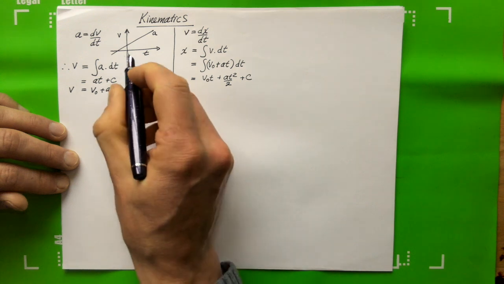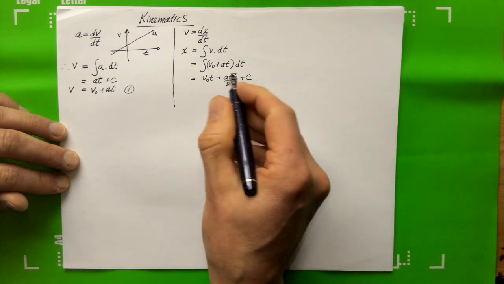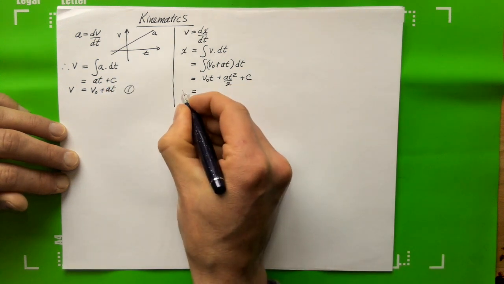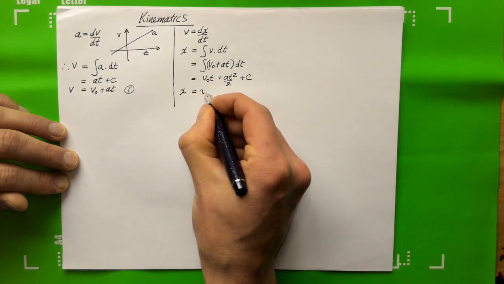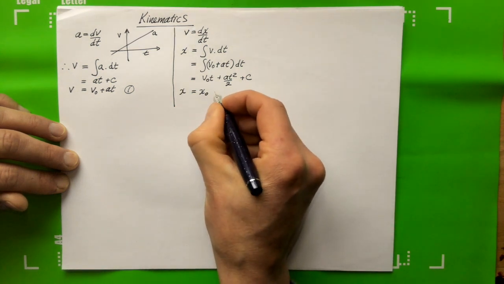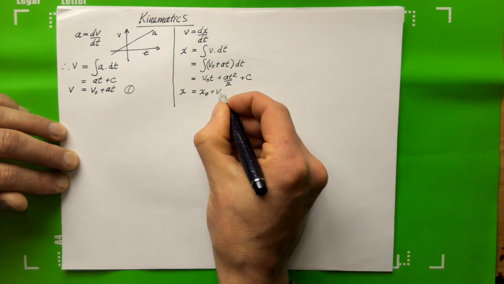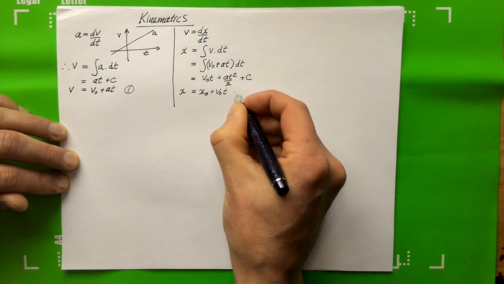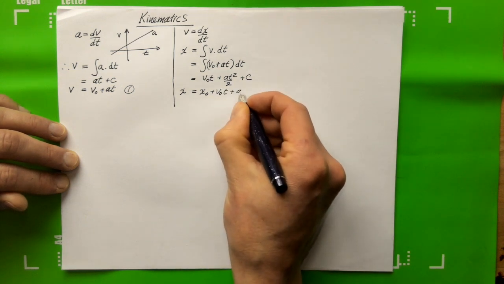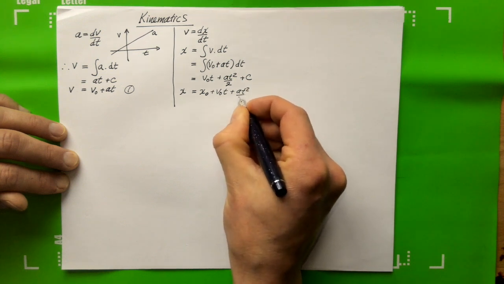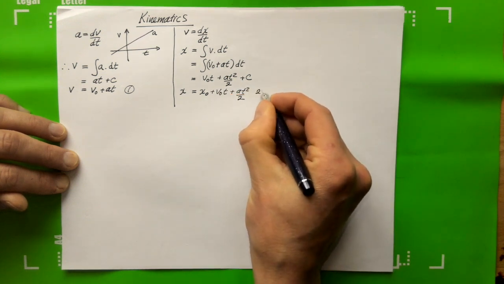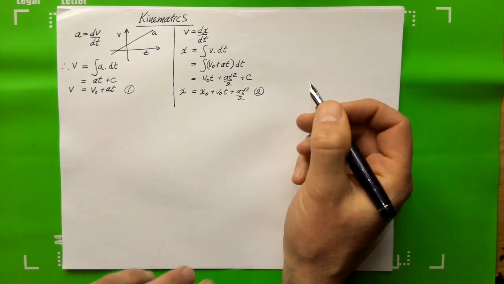Where did the object start? And then how far did it travel during the motion? So our final equation here is x equals x0, which is why our constant of integration can be identified as the initial position, plus v0t, the original velocity times the amount of time elapsed, plus half at squared. And this we're going to call equation number 2.